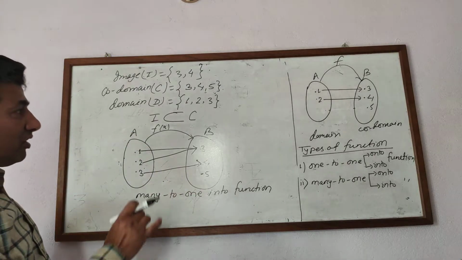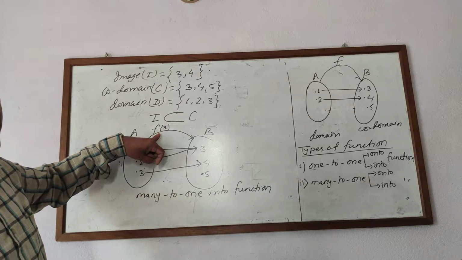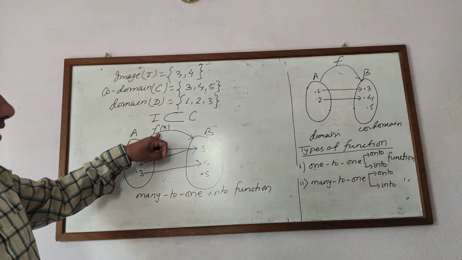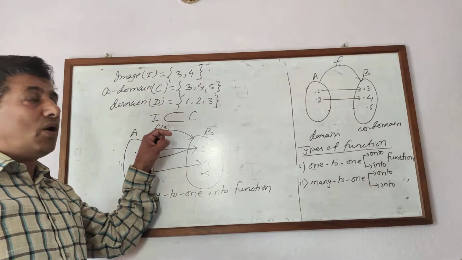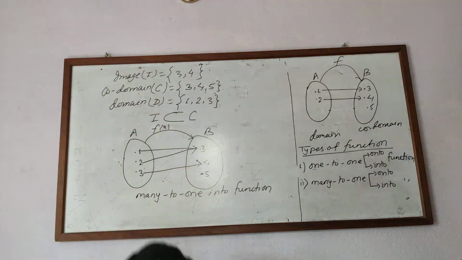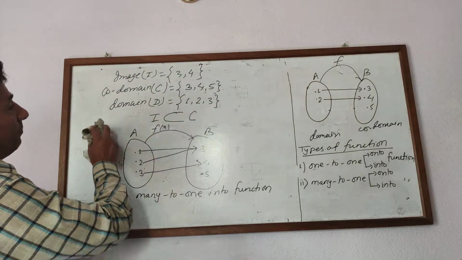Now another very important thing: here I have written fx, only the name of the function. Now I'll write how to write a function in mathematical form. That is very important. Now I'll give one example.